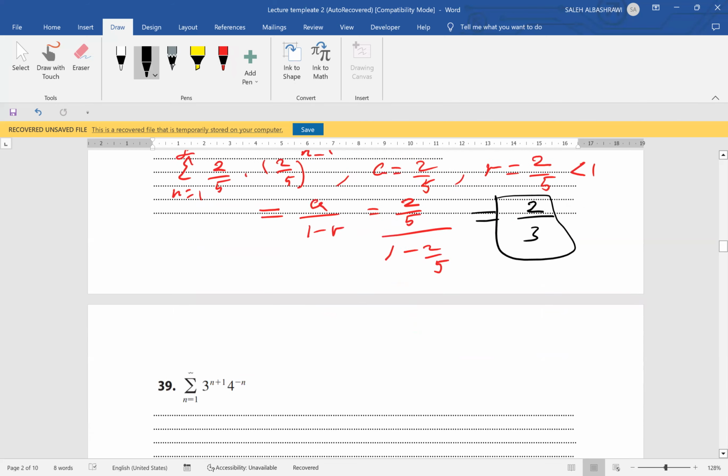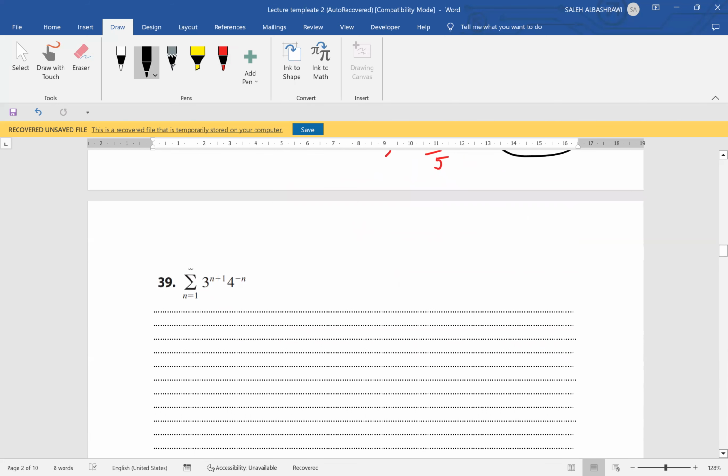Another example. If we are given this series, the sum of 3 to the power n plus 1 multiplied by 4 to the power minus n, let's see if we can write it as a geometric series. This can be written as the sum of 3 multiplied by 3 to the power n, since n plus 1 I can write as 3 multiplied by 3 to the power n.